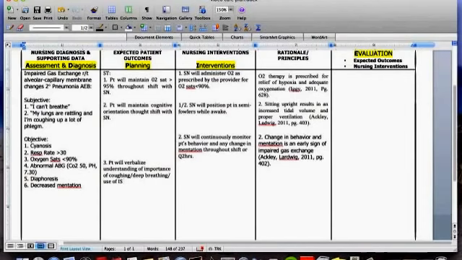When do we want this to be done by? Let's say before 1500 today, or you can put in the specific date.